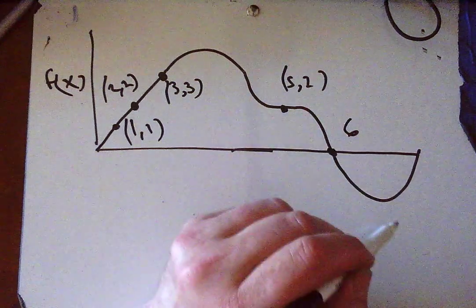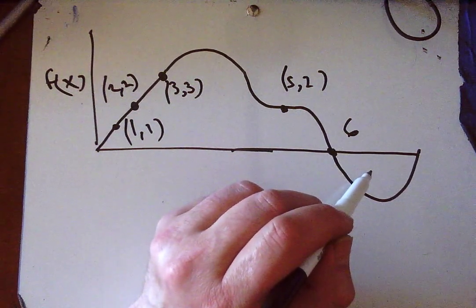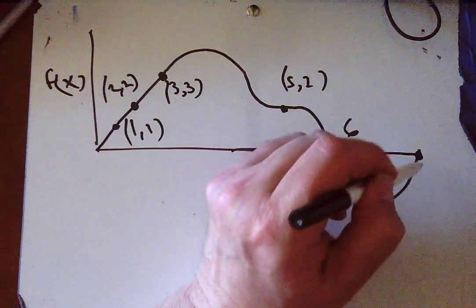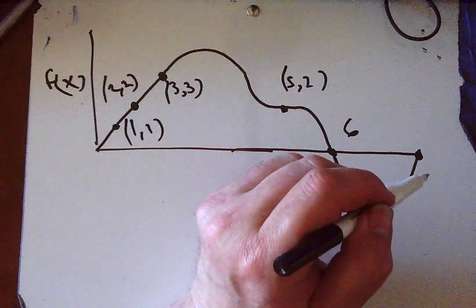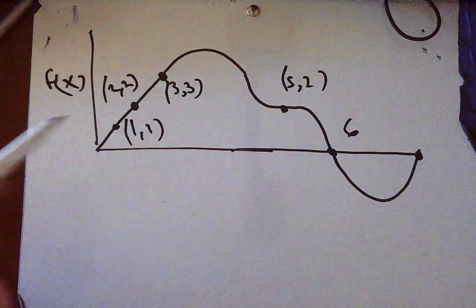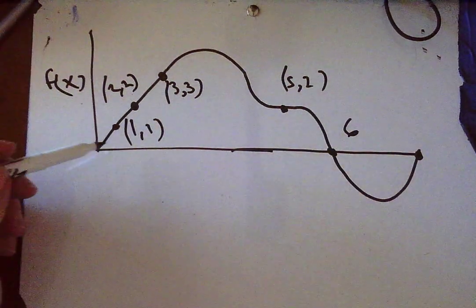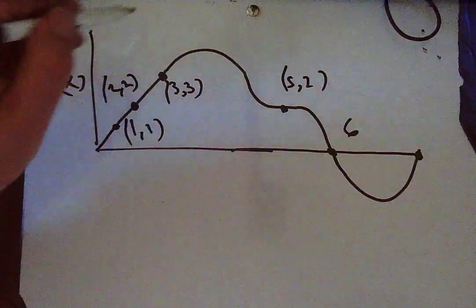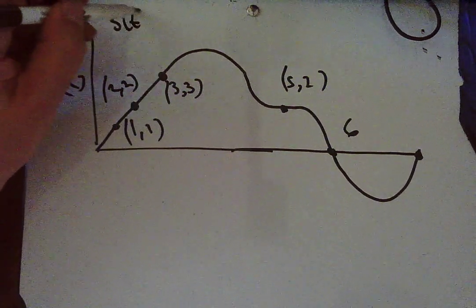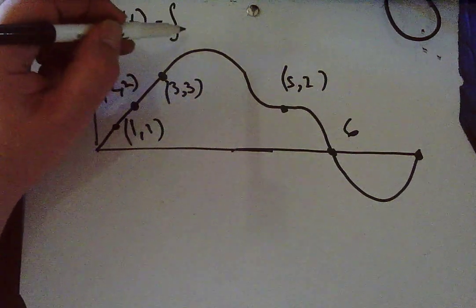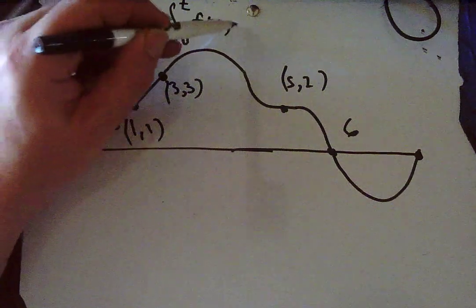This here is 6. All right, so here we go. I need to tell you one more piece of information. That s of t, position, is the integral from 0 to t of f of x dx.